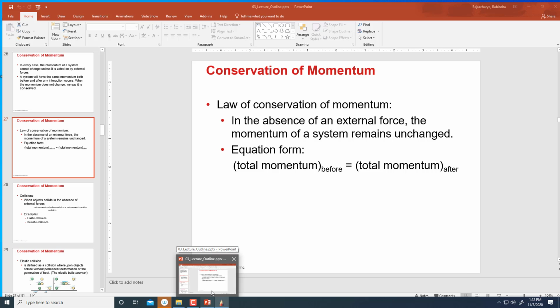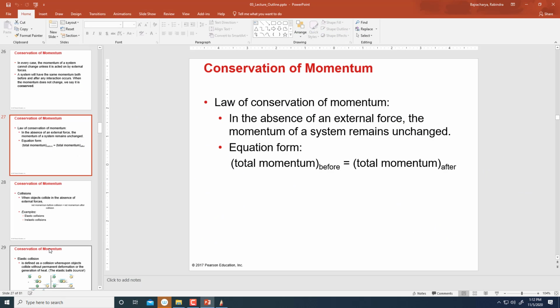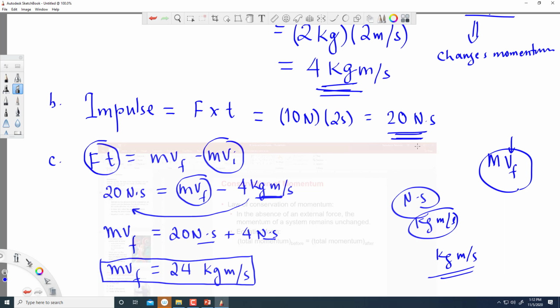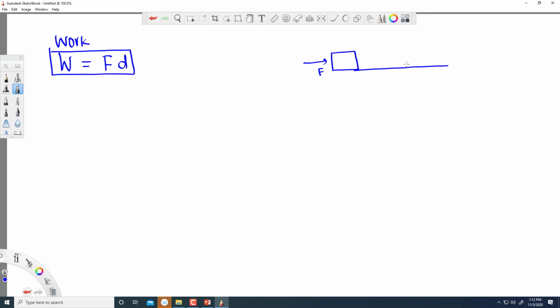And then the next thing we discussed is about work. Work is given by force times distance. If you apply force on an object, and if the object is displaced by some distance d, then the force is doing the work.